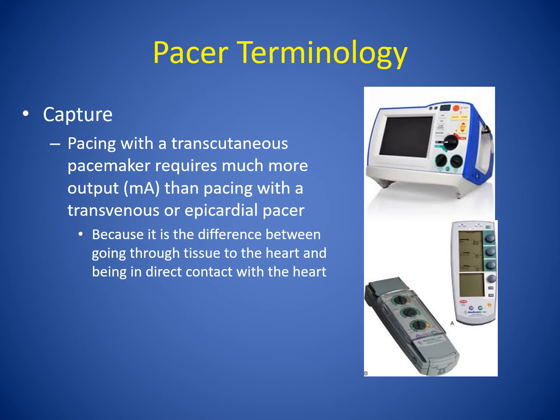So you don't really need to memorize how many milliamps, but just know with the pacer terminology, pacing with a transcutaneous pacer requires a lot more milliamps or output than pacing with a transvenous or epicardial, because you have to go through thickness of tissue to get to the heart, as opposed to when you have the temporary wires, one's either inside the heart or on the outside of the heart that has direct contact with the tissue.